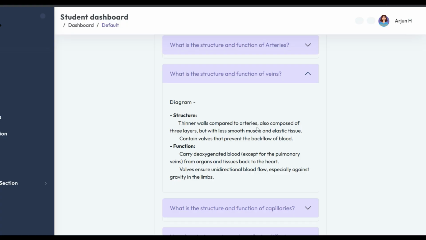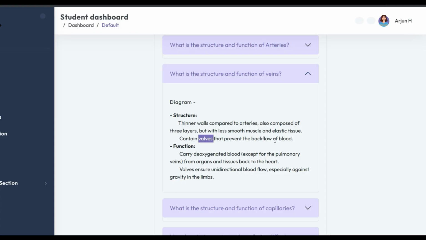Next, veins. This has a thinner wall compared to artery. So also composed of 3 layers, but with less smooth muscle and elastic tissue. Again, it has to make sense. It is taking less pressurized blood from the different parts of the body to the heart. It contains valves though to prevent the backflow of blood. Again, this also should make sense.